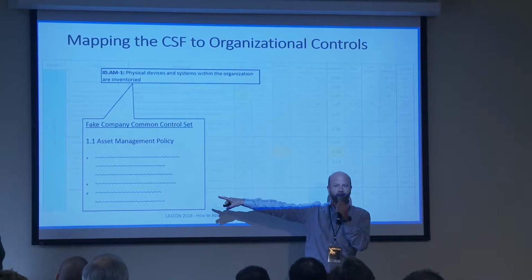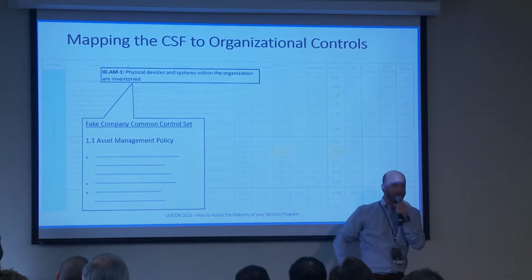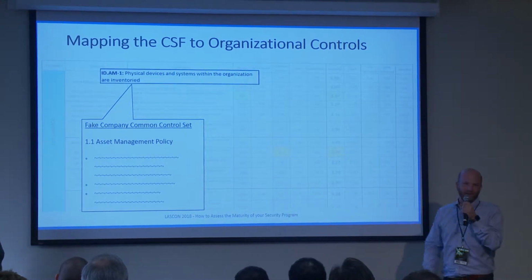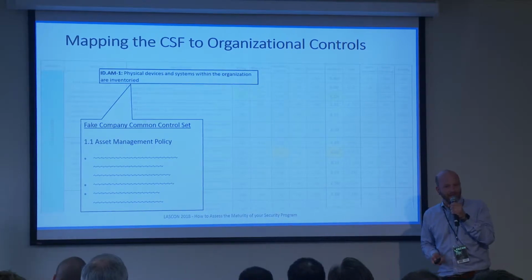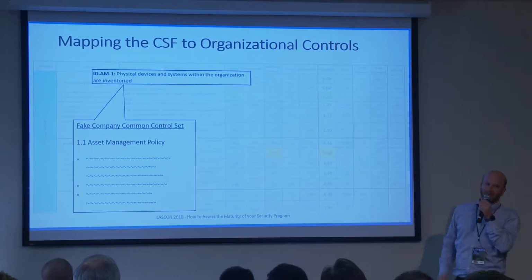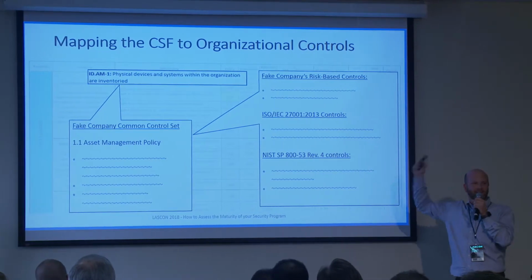And it's more likely that there are more details in there than what the cybersecurity framework tells you. And if you're in an organization that has multiple compliance requirements, then this common control set may be based on a whole bunch of standards you're managing against, right?